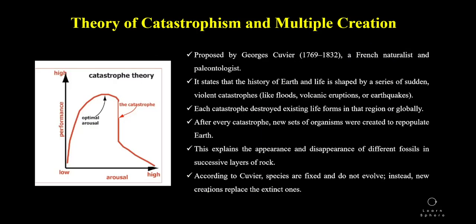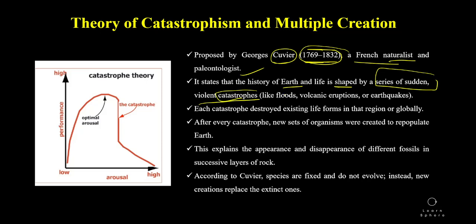Then the theory of catastrophism and multiple creation. This theory was given by Cuvier from 1769 to 1832, who was a French naturalist and a paleontologist. According to him, the history of Earth and life is shaped by a series of sudden, violent catastrophes, which means natural calamities like flood, volcanic eruptions, and earthquakes.